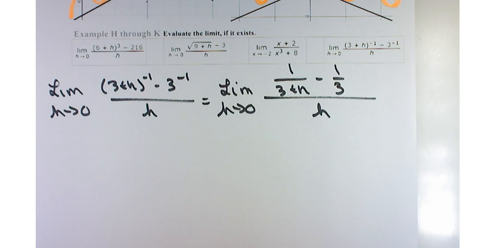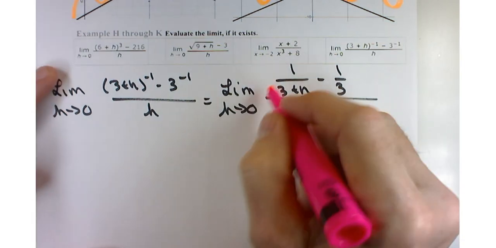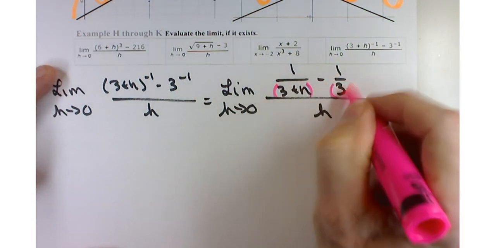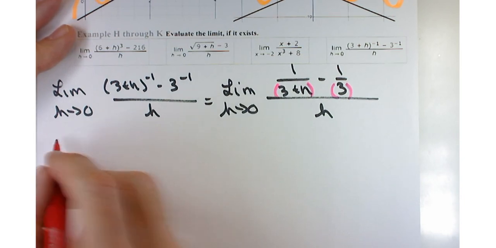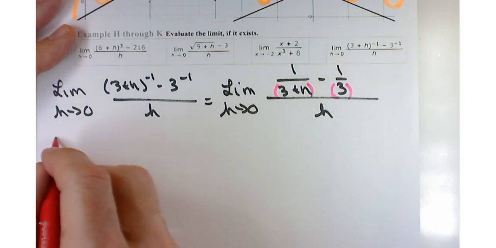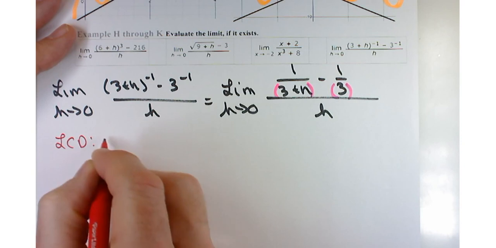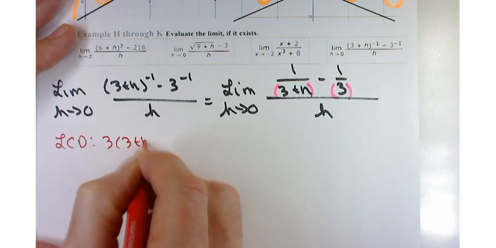So it'd be nice if I had a common denominator between these two. What is a common denominator between these two fractions? 9 plus 3h. Okay, I'm going to keep it factored, but yeah, that works. So the LCD, let me write over here, LCD is 3 times 3 plus h.